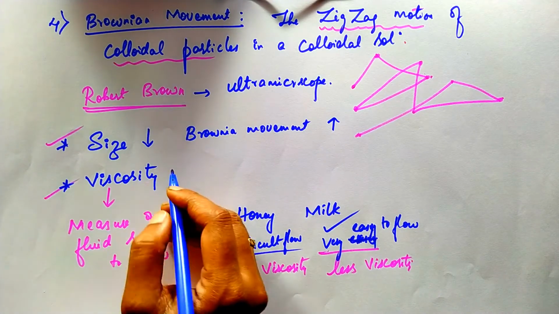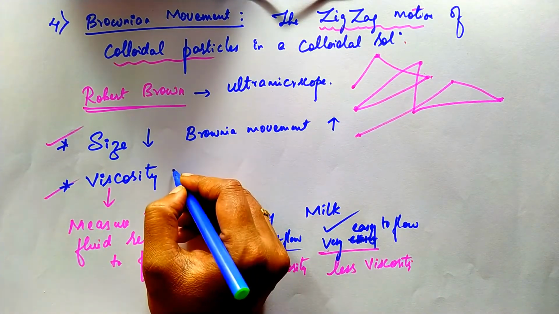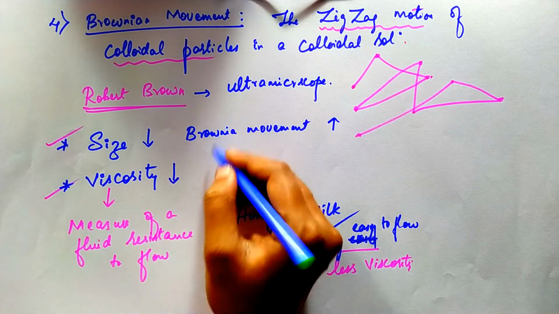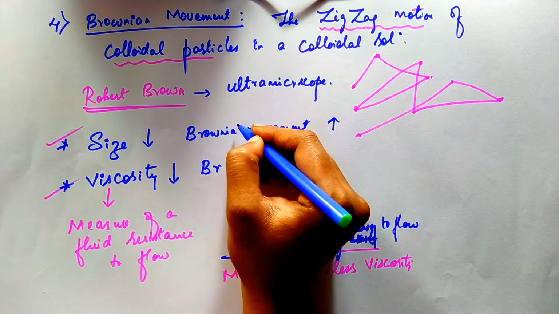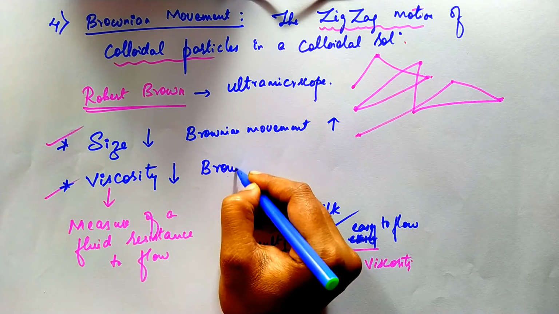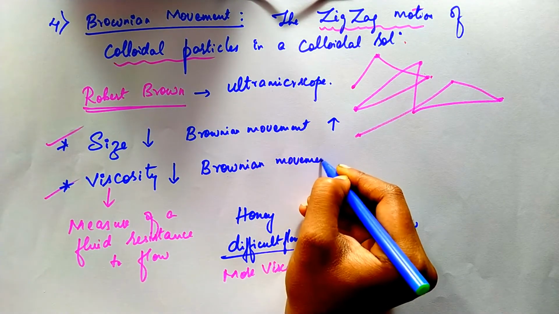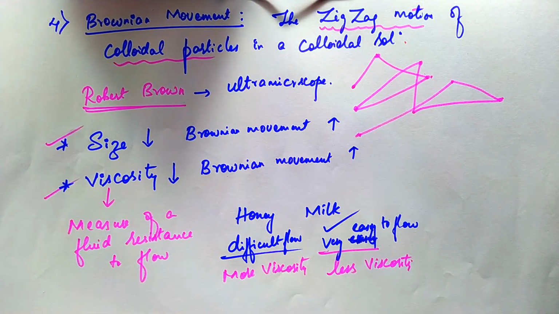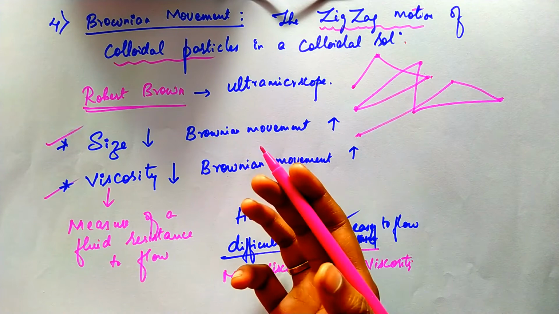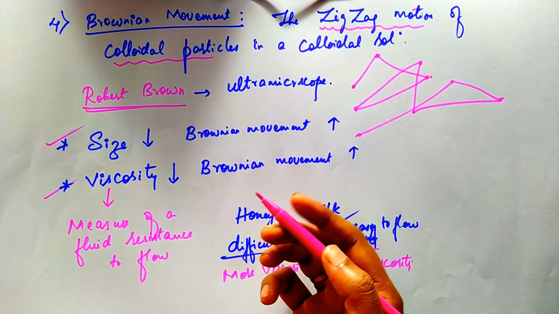Here, as the viscosity decreases, the Brownian movement increases. So therefore the size and viscosity are inversely proportional to the movement of colloidal particles.